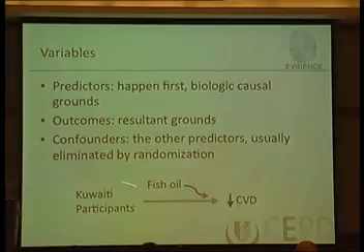So let's take Kuwaiti participants. They eat more fish oil, they will have less disease. But maybe those who eat more fish oil will have higher income. They're richer people. Okay? And richer people among Kuwaitis, I'm not saying Kuwaitis are rich.